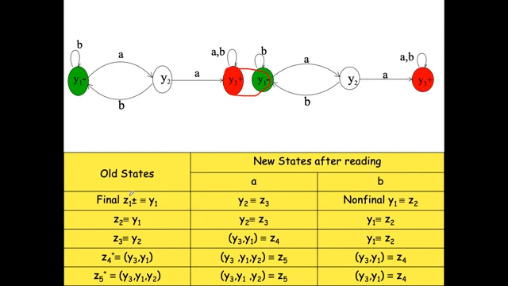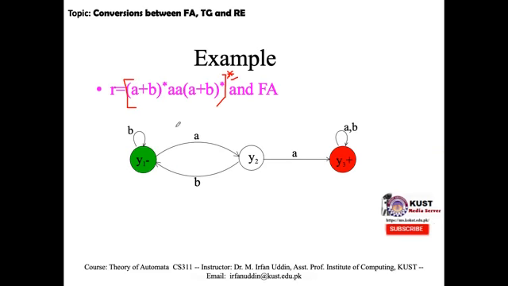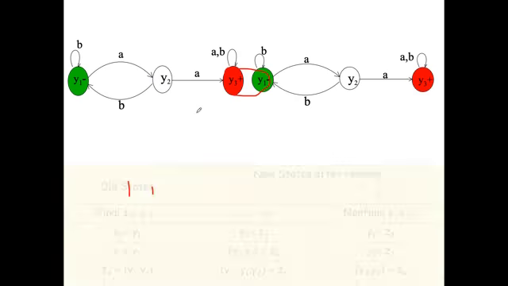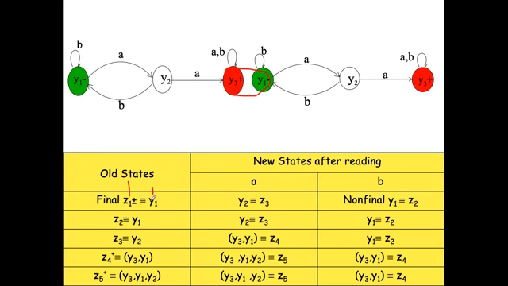We take the initial state Z1, which is Y1. The initial state is also final because you see this will accept lambda. So that's why it's final. Now Y1 reading A, we go to Y2, which is Z3.